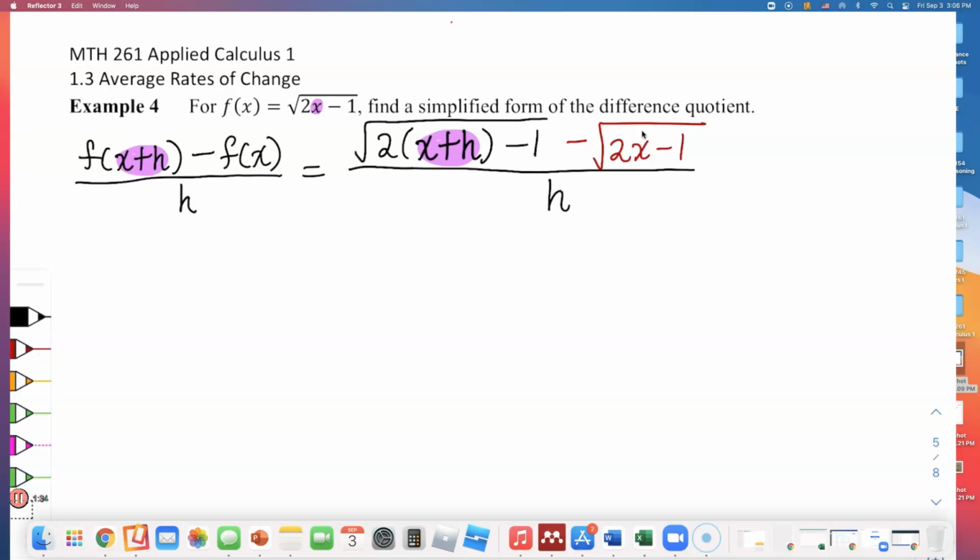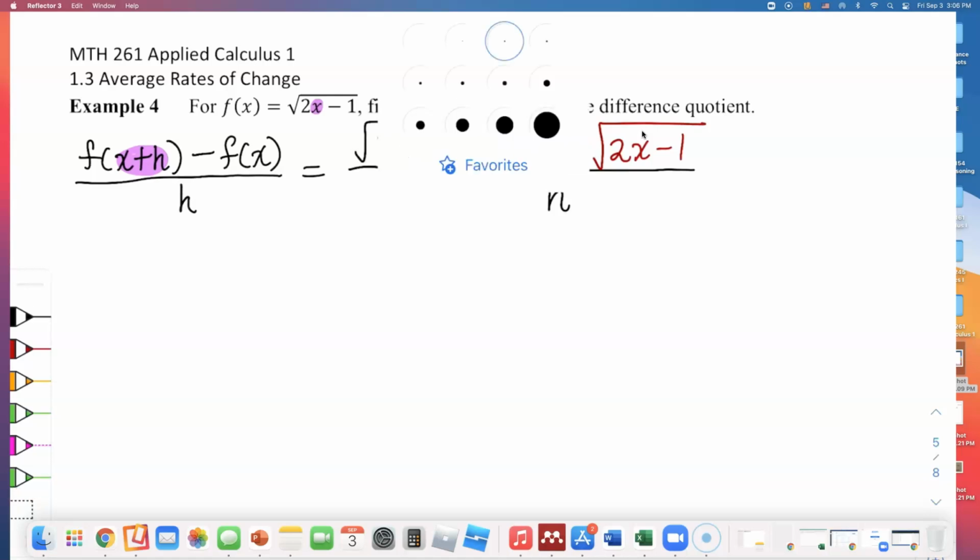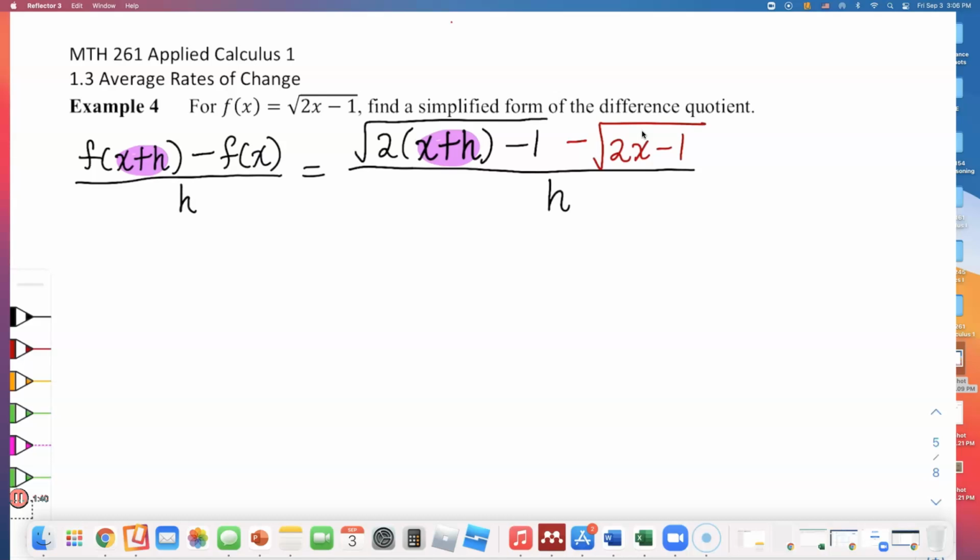h. Let me get rid of these purple highlights because I want to talk about the next part. Let me give you a little rule here. a minus b times a plus b.